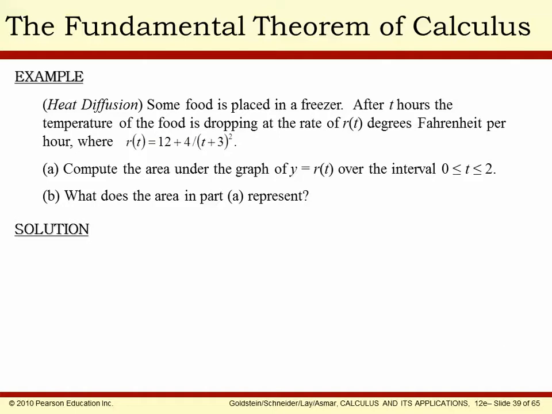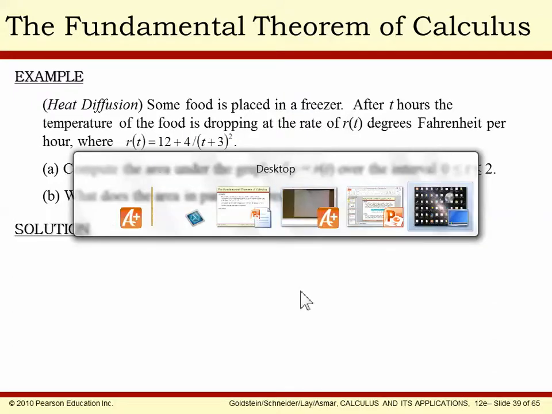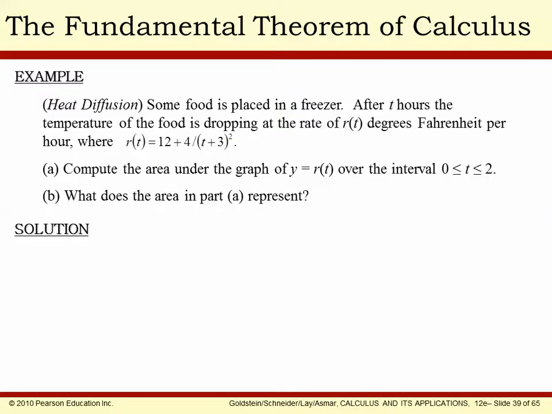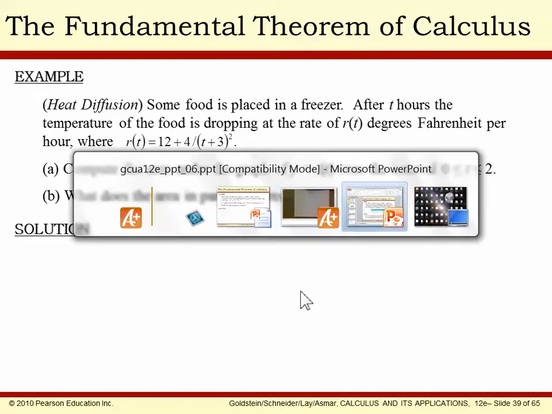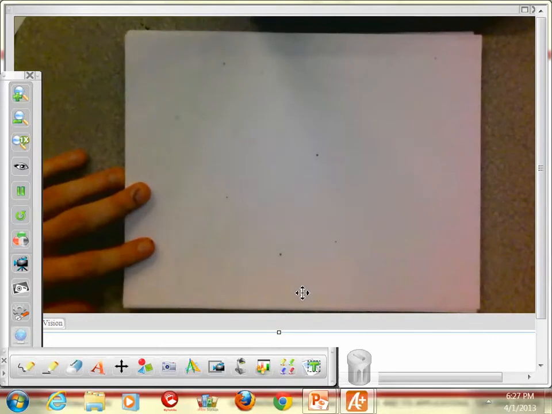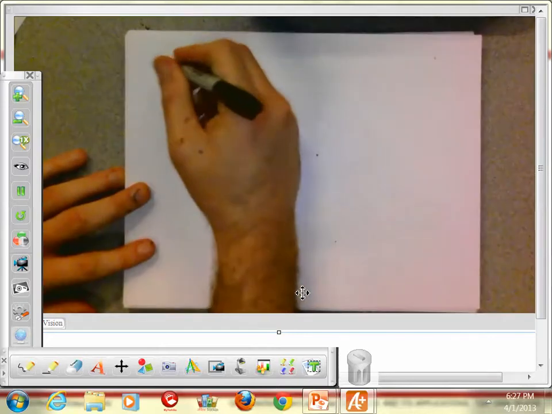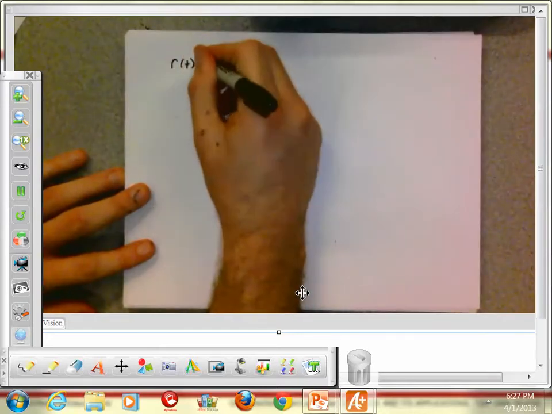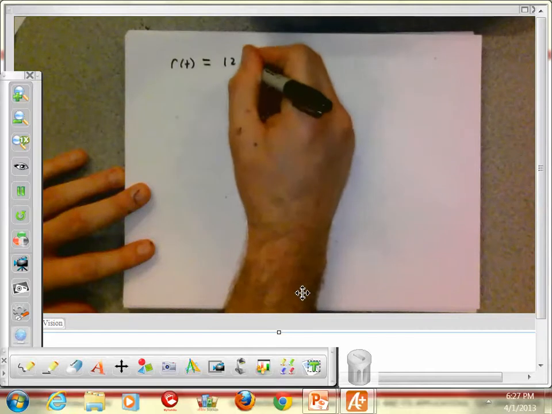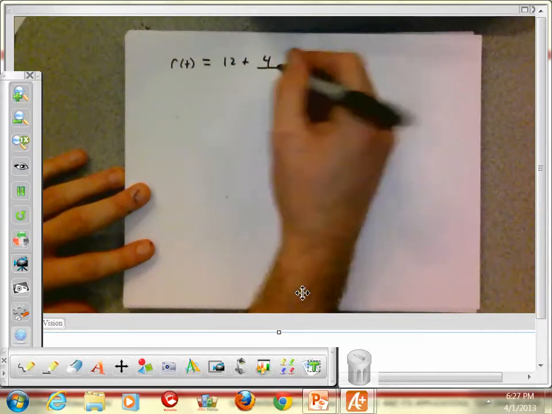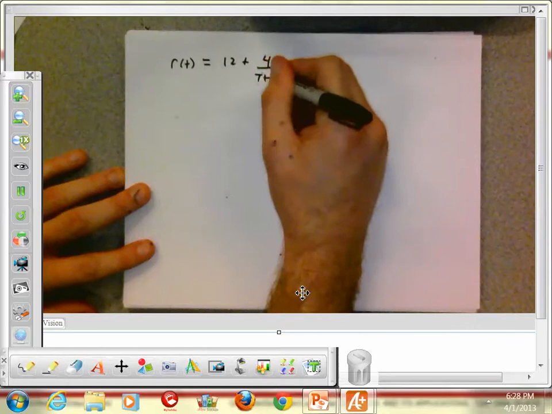Okay? So in order to calculate this area, we know how to calculate this area already. Let's go over here. I went back to the same slide. We have that R of T is going to be equal to 12 plus 4 divided by T plus 3 cubed.